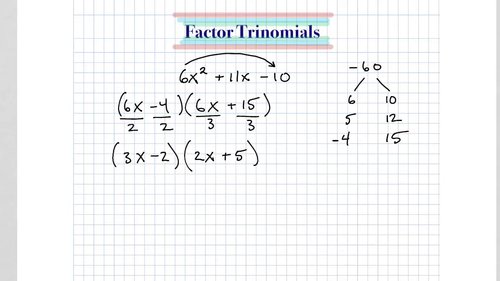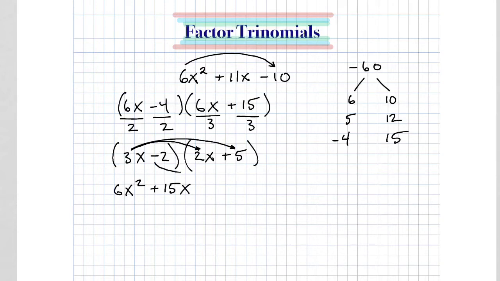To see if this answer is correct, we're going to multiply it back out and see if we come up with the original trinomial that we started with. 3x times 2x gives us 6x squared. 3x times positive 5 gives us plus 15x.